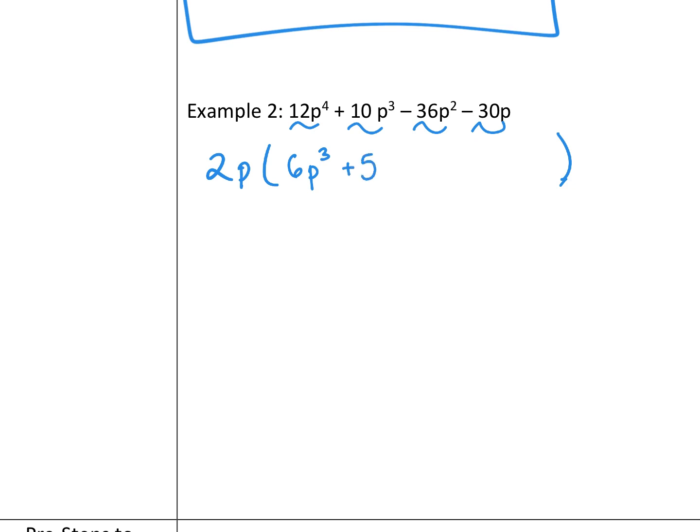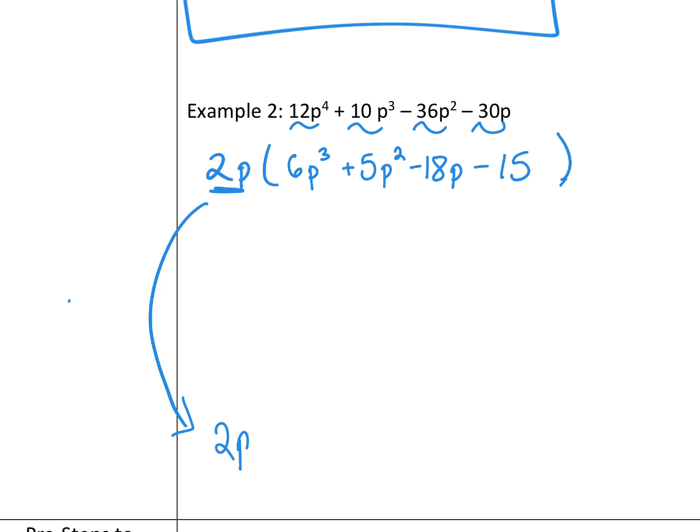If I have 3 and I take 1 away, I'm left with 2. Negative 36 divided by 2 is negative 18. P. And then, lastly, negative 15. Okay. GCF, just go ahead and drop him to the bottom. Okay, he's coming to the party, so put him down in your final answer.